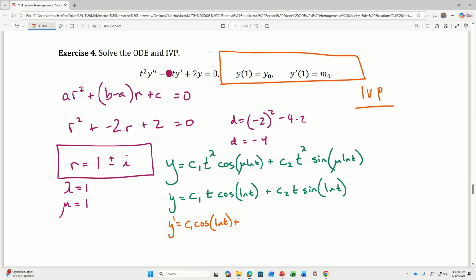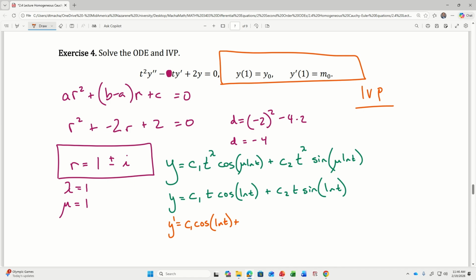I already took the derivative of t, now I have to take the derivative of cosine. So it's going to be c1 t times negative sine of natural log t times the derivative of the inside function. So times 1 over t, right? Derivative of natural log is 1 over t. And this 1 over t is going to cancel with this t. And so I'm not going to have to worry about that. Those will cancel each other out.